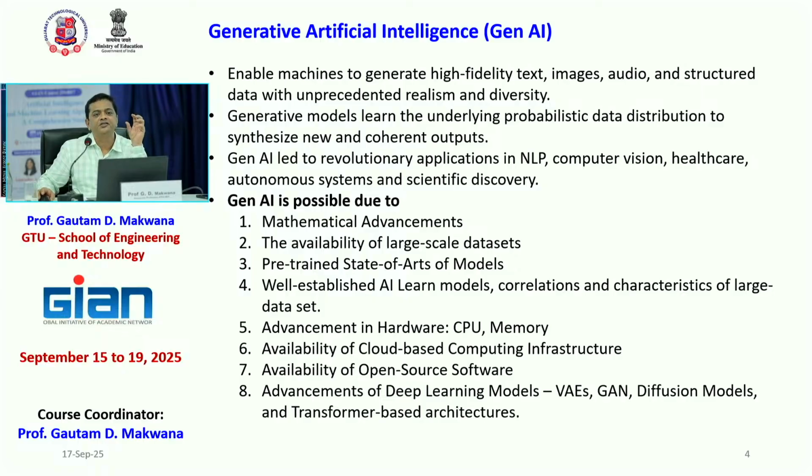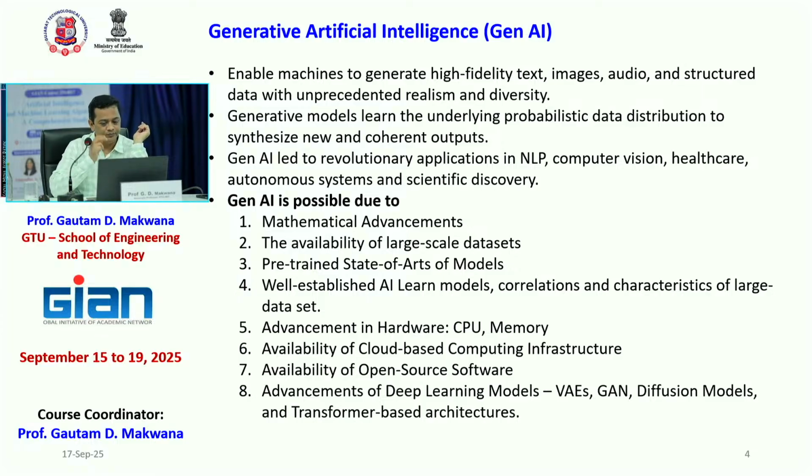Because of this, generative AI is available. Today, every day you are seeing different kinds of videos from a political point of view, because right now there is an election in the near future. Many kinds of videos are circulating, and this is because of generative AI.